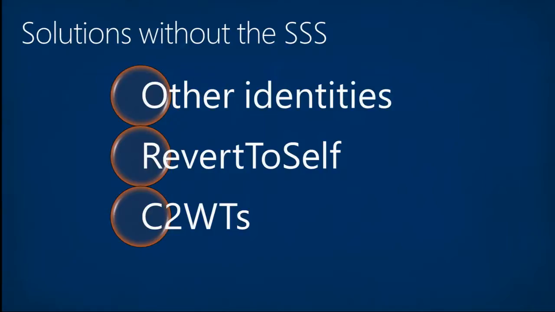When I use the revert to self method, I'm going to have to go back to the SQL database and give SP content read and write access to that data. It solves the problem from the standpoint of not having to put everybody in there.